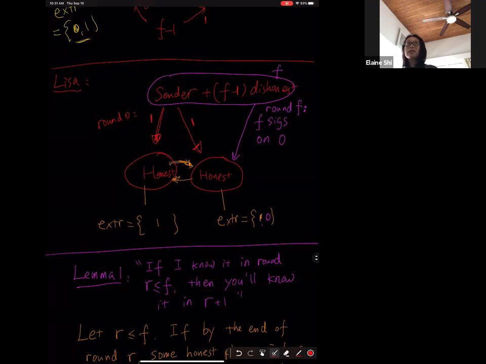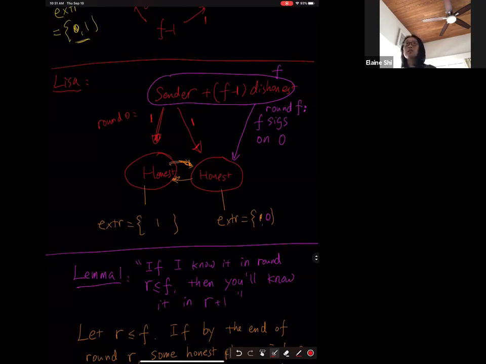This means I've seen f plus 1 signatures on this bit, but there are only f corrupt nodes. So if I've seen f plus 1 signatures, one of the signatures must come from an honest player. So if I receive this honest player's signature in round f plus 1, it means the honest node must have signed it in an even earlier round.